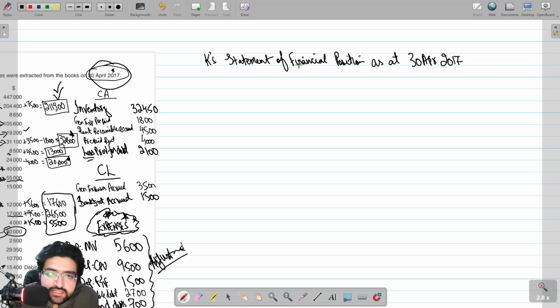Okay, this will be given in the question. You don't have to worry about the heading. Okay, the first section in your SOFP is the non-current asset section. You should be knowing the format by now. Non-current assets. This is a subheading.